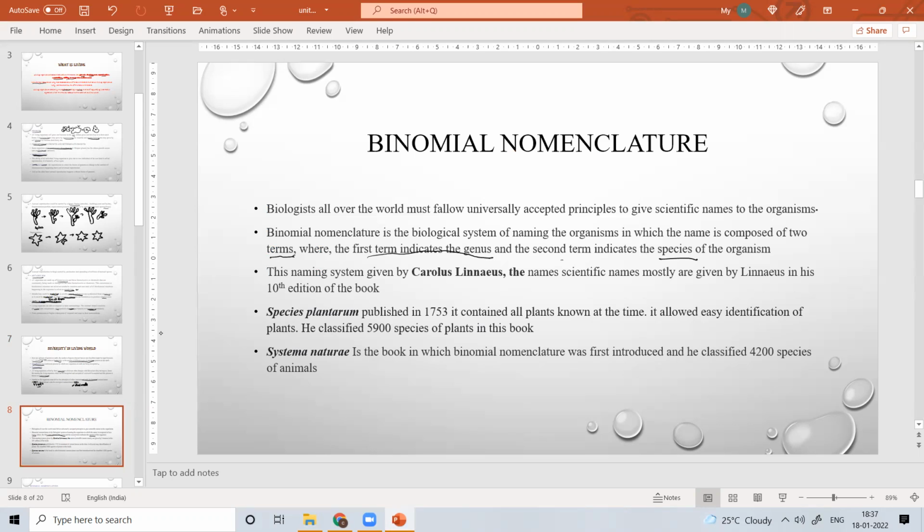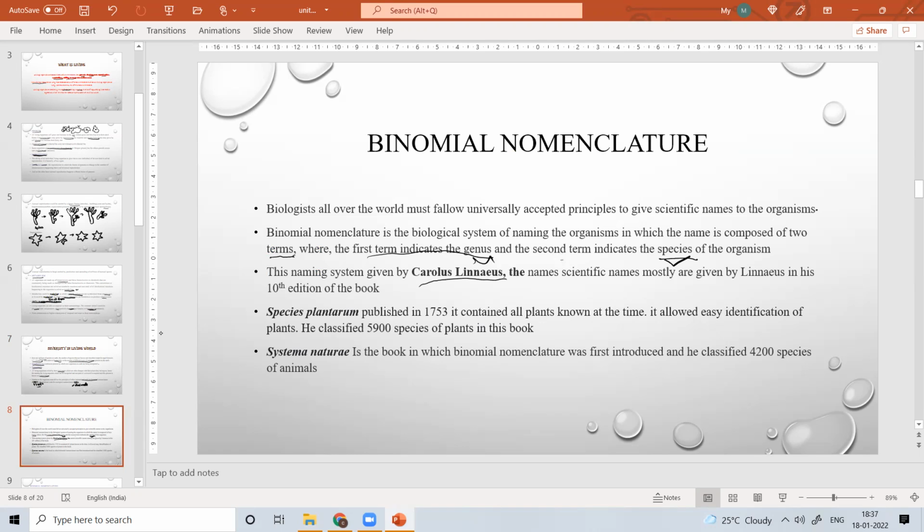So the scientific name is composed of the genus name and the species name together. This naming system was given by Carolus Linnaeus. He is the scientist who proposed this system, and the scientific names are mostly given by Linnaeus in the 10th edition of his book called Species Plantarum.